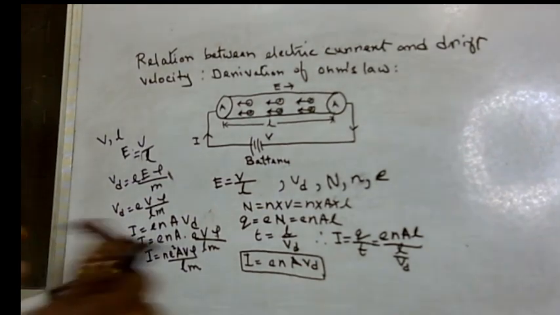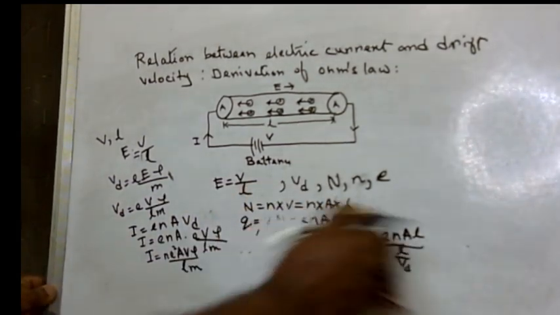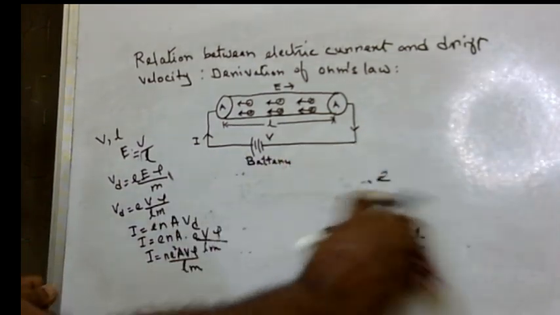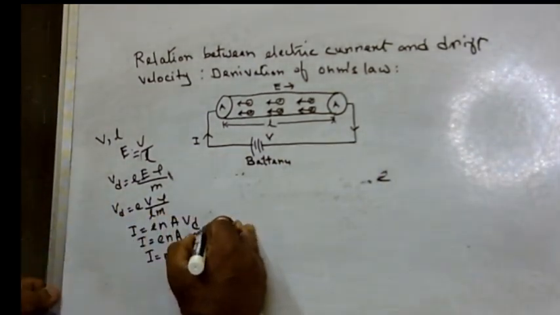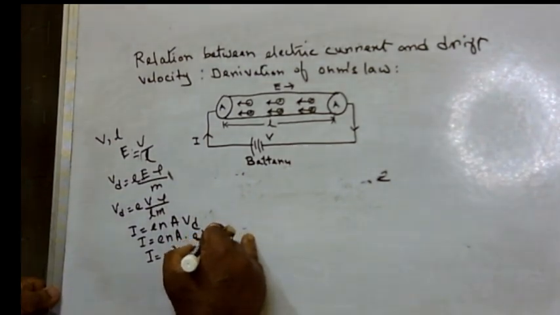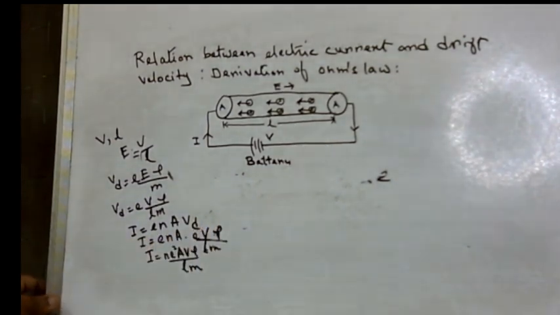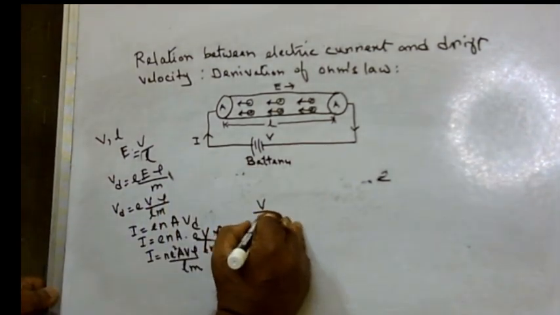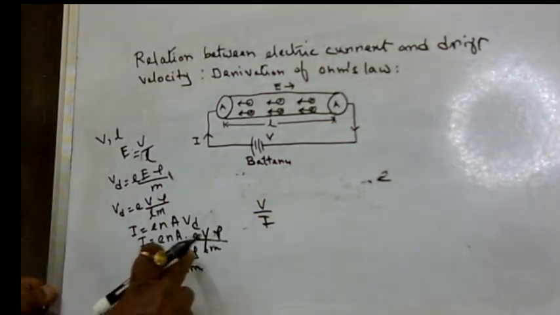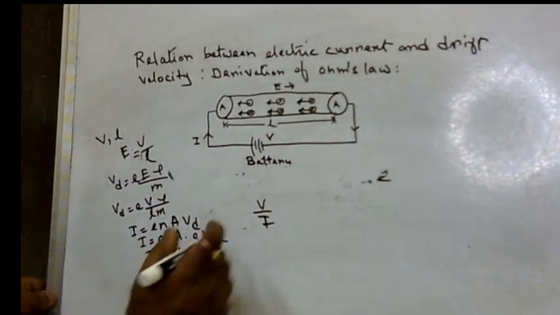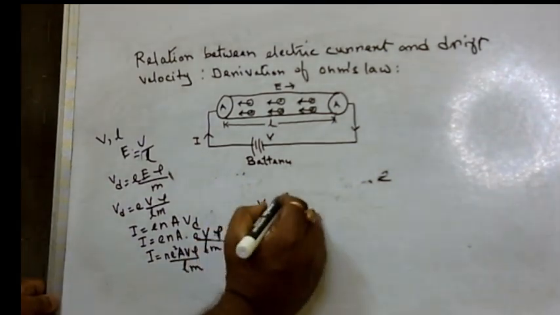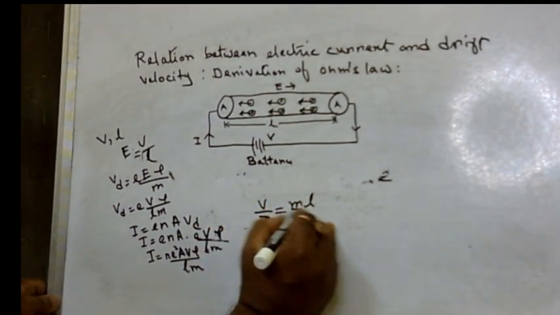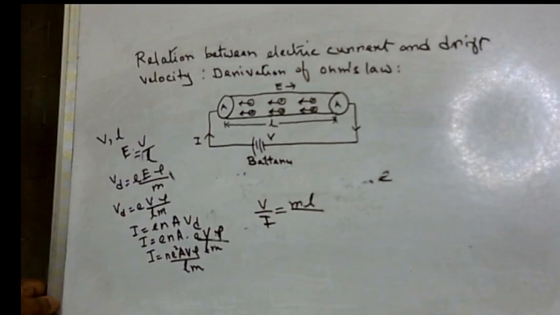Now this I, I is equal to n e square A V tau by L m. So V by I is equal to m L by n e square tau A.